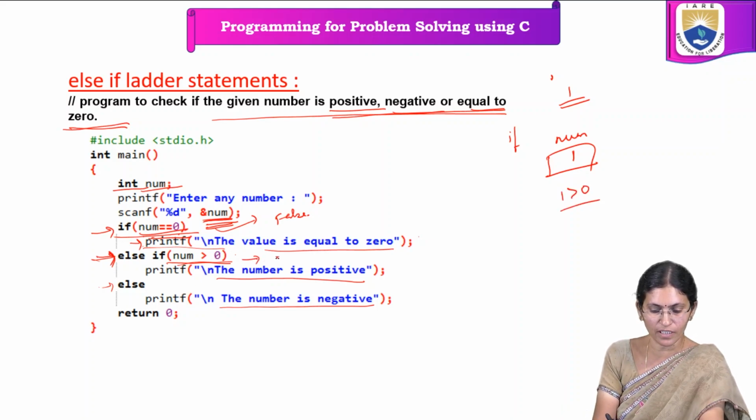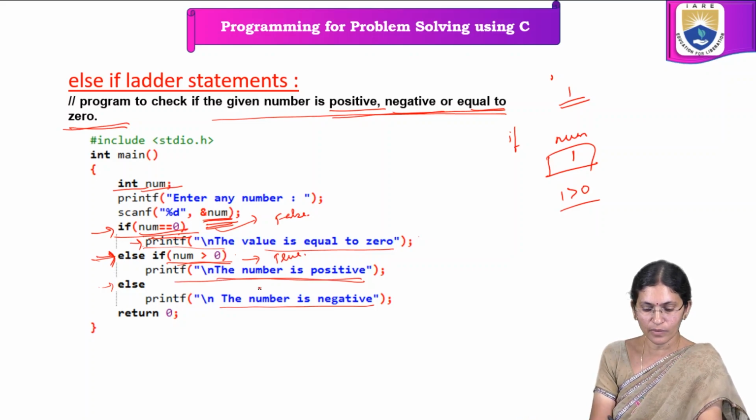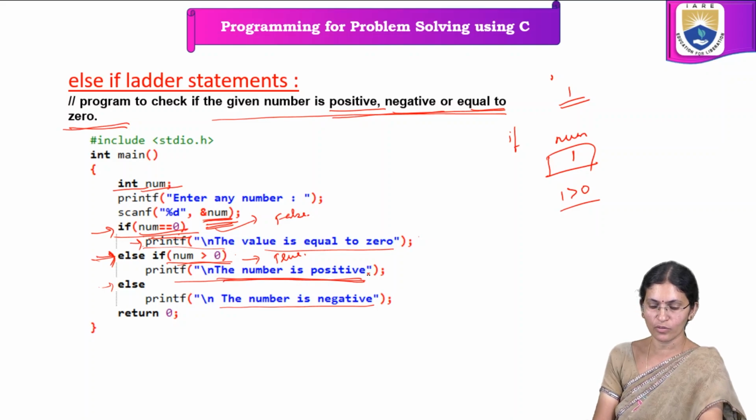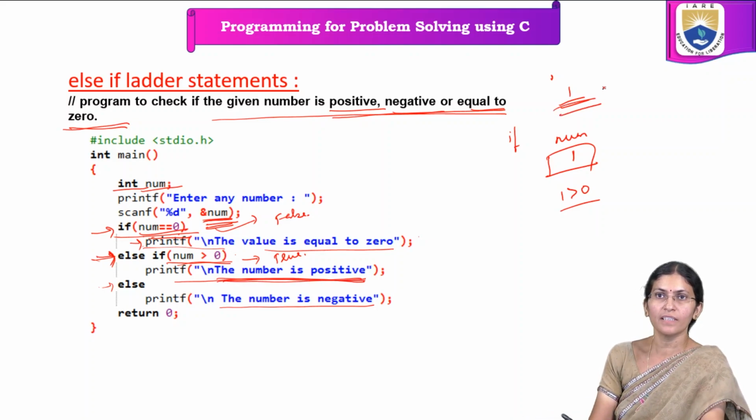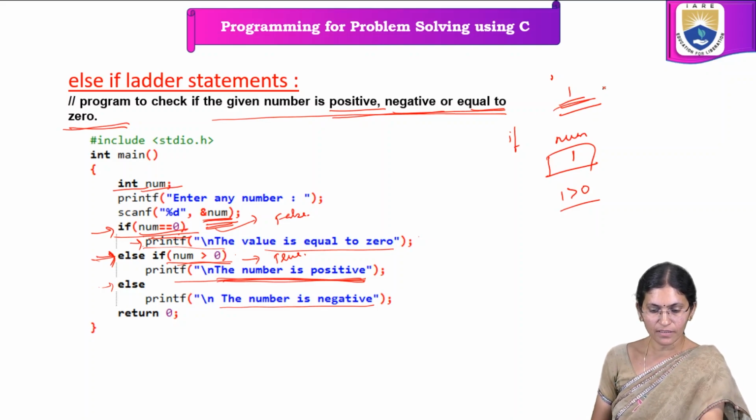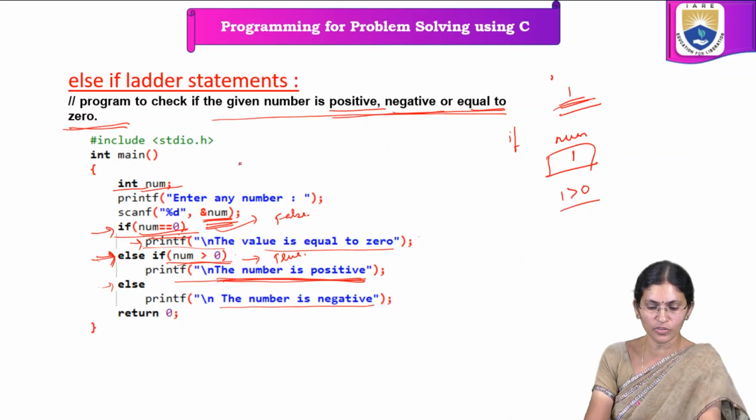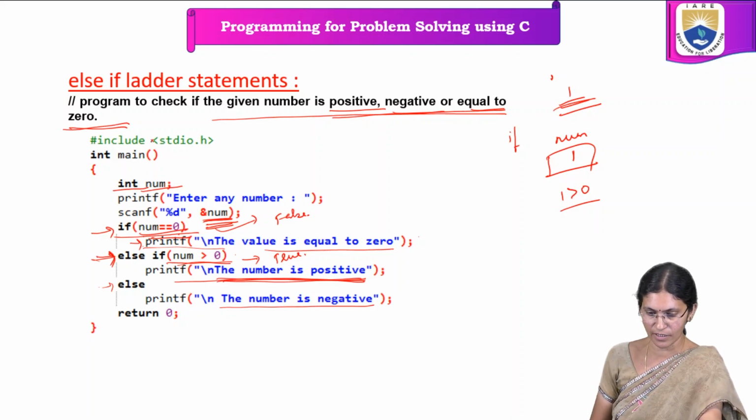So this condition evaluates to true, and on the screen you will get the number is positive. So 1 is positive. In this way we can write the program to check if the given number is positive, negative or equal to 0 by using else if ladder statements.